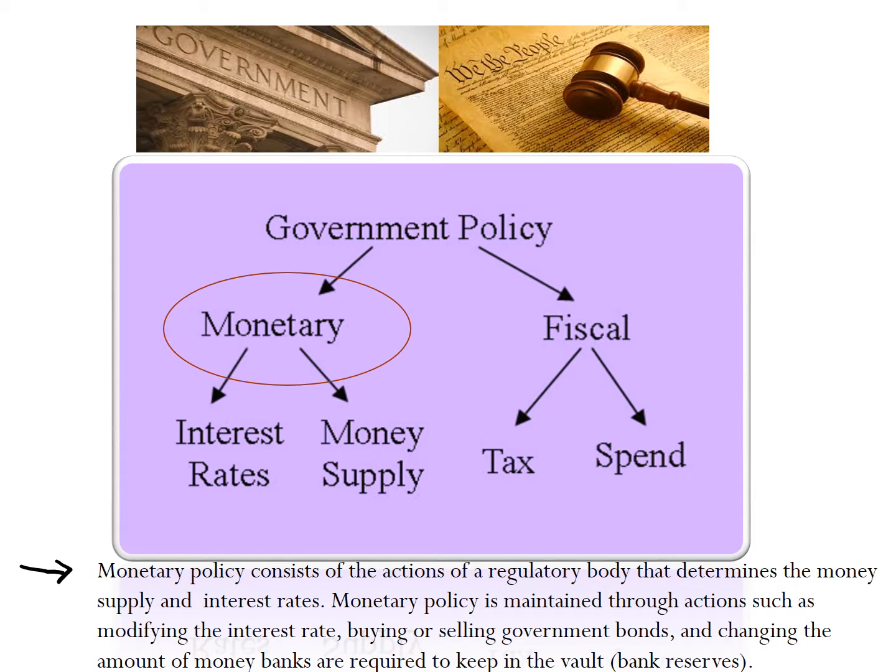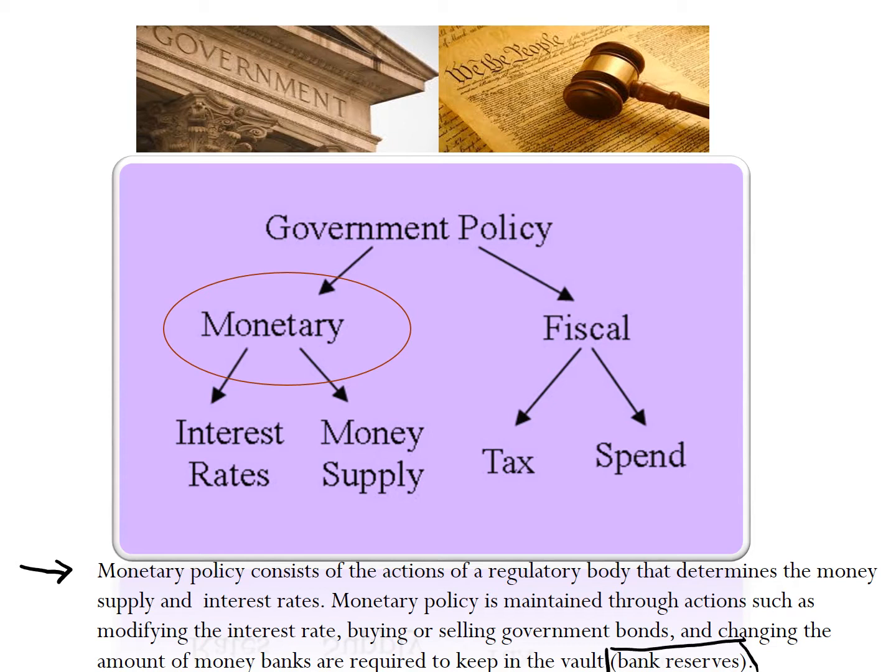Monetary policy is maintained through actions such as modifying the interest rates, buying or selling government bonds, and changing the amount of money banks are required to keep in the vault. This is the concept of bank reserves.